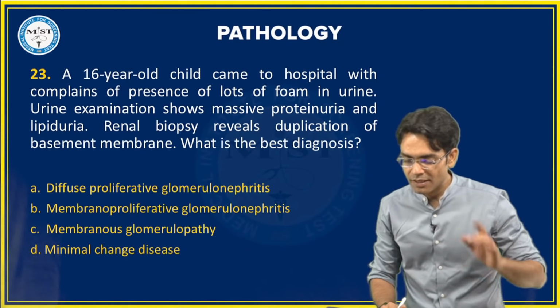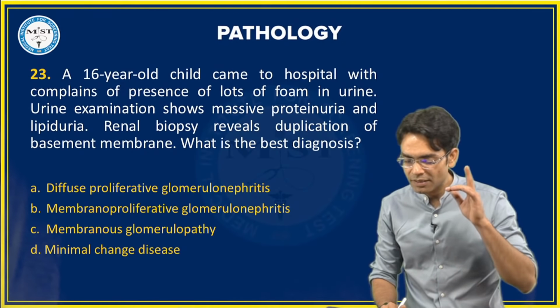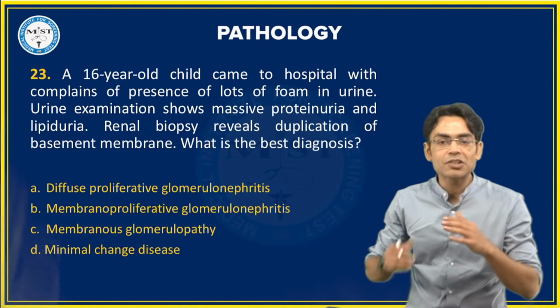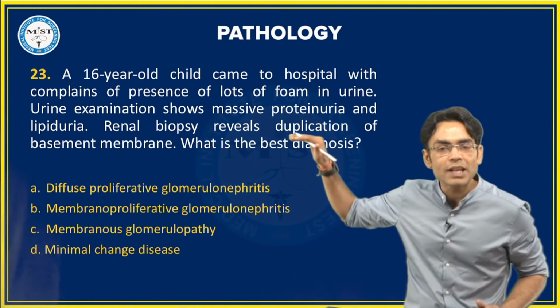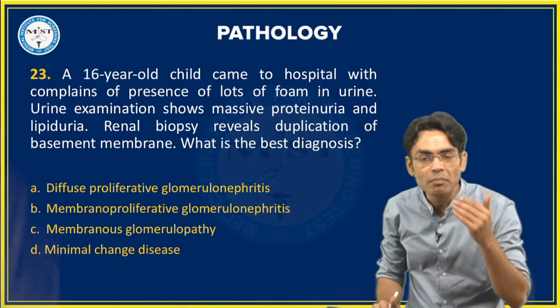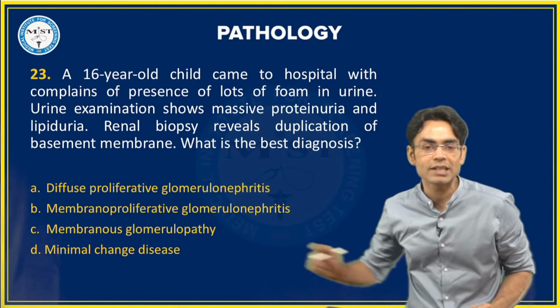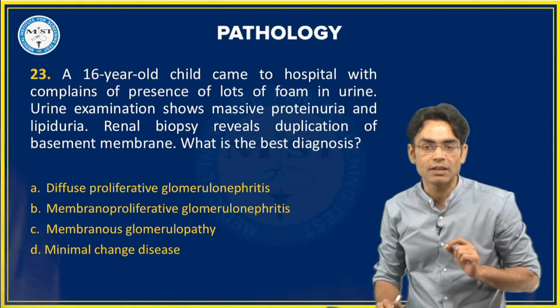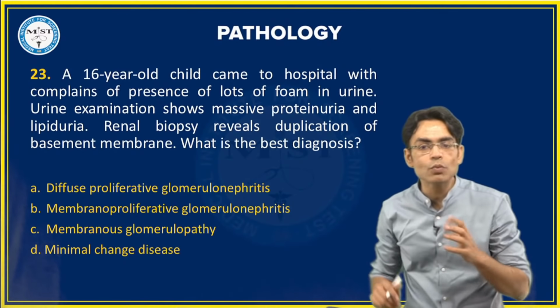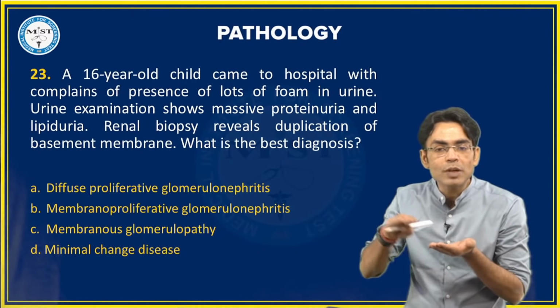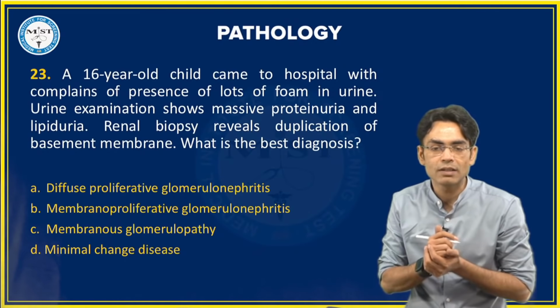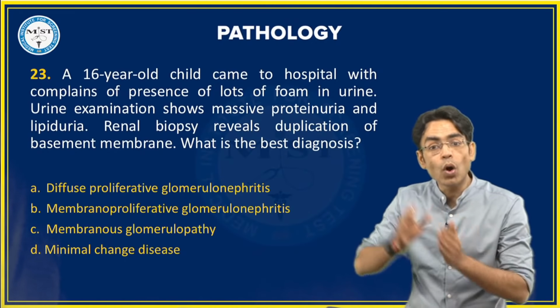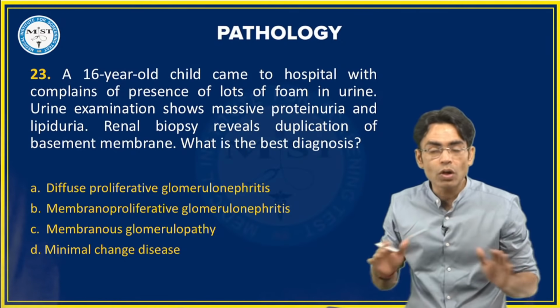Yes, this is, beta, tram track appearance is found, right? So duplication of basement membrane is seen with membranoproliferative glomerulonephritis. Minimal change disease, you will not see anything on the renal biopsy. In minimal change disease, you will just find the effacement of foot processes of the podocytes, and that too on electron microscopy, not on normal microscopy.